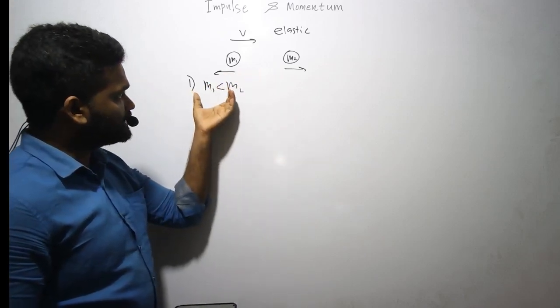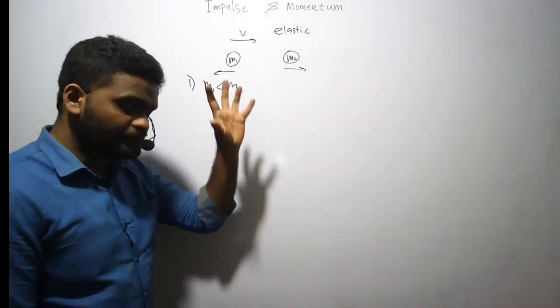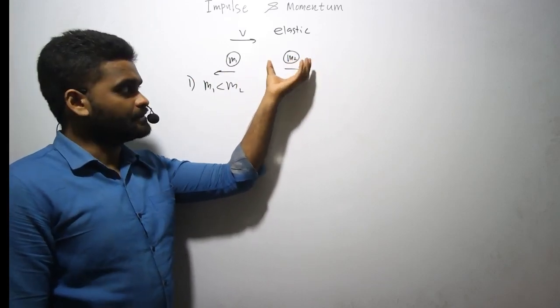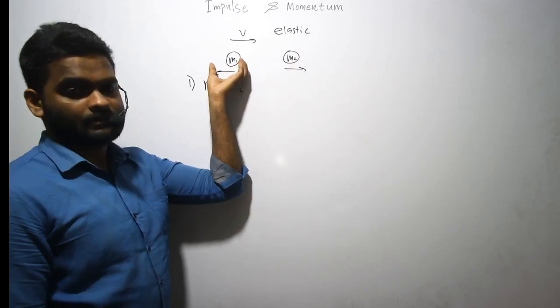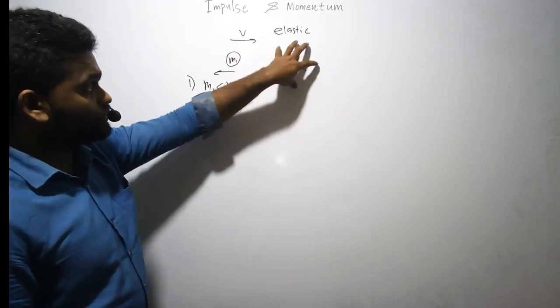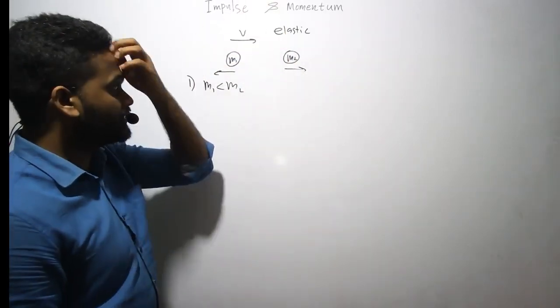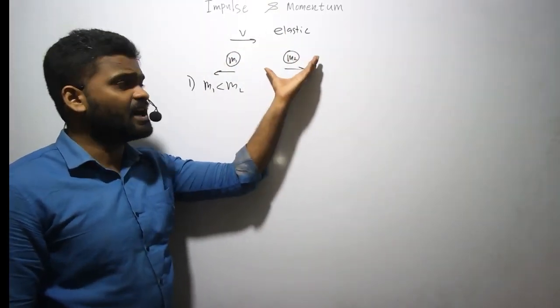If m1 is small, just think about the extreme case. Let's say m2 is very large and m1 is a very small thing, and m2 is at rest. So what happens? This one collides with m2. Obviously, m1 has to bounce off, because m2 is a very large object.